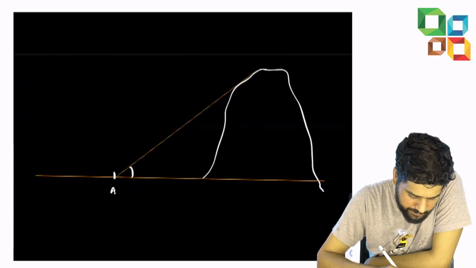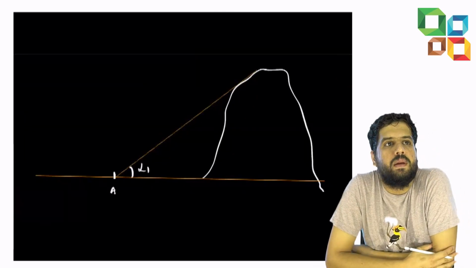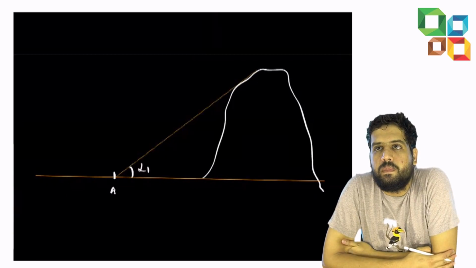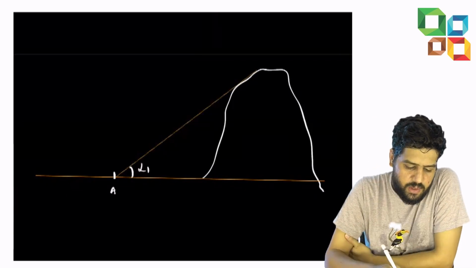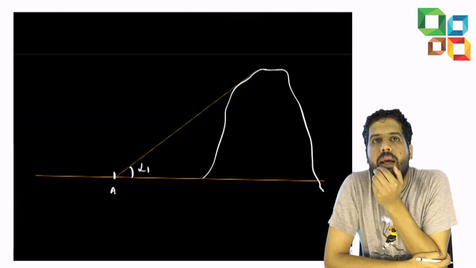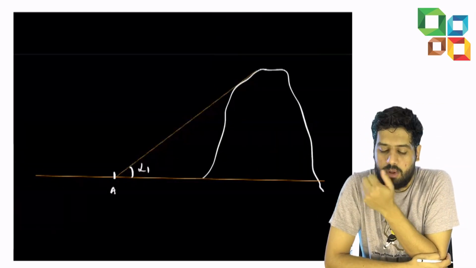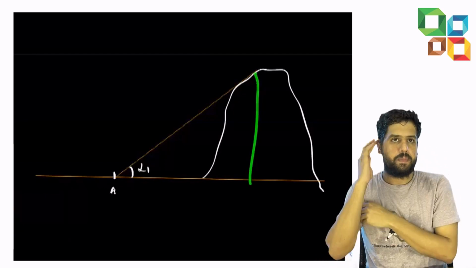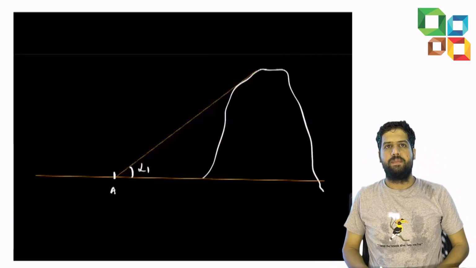Suppose this is some alpha 1. Now we know that we can't walk all the way till here. What else can we do to calculate this height? Any suggestions?